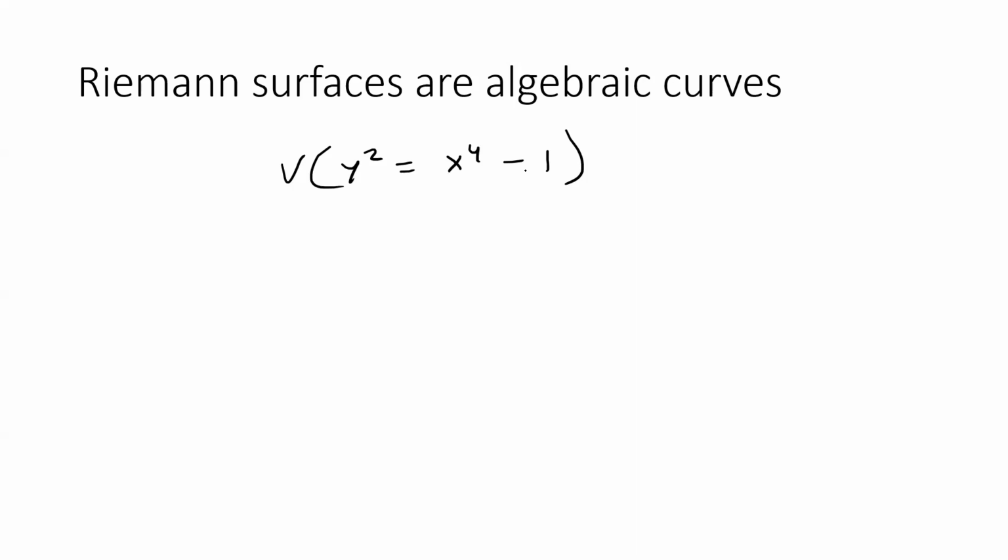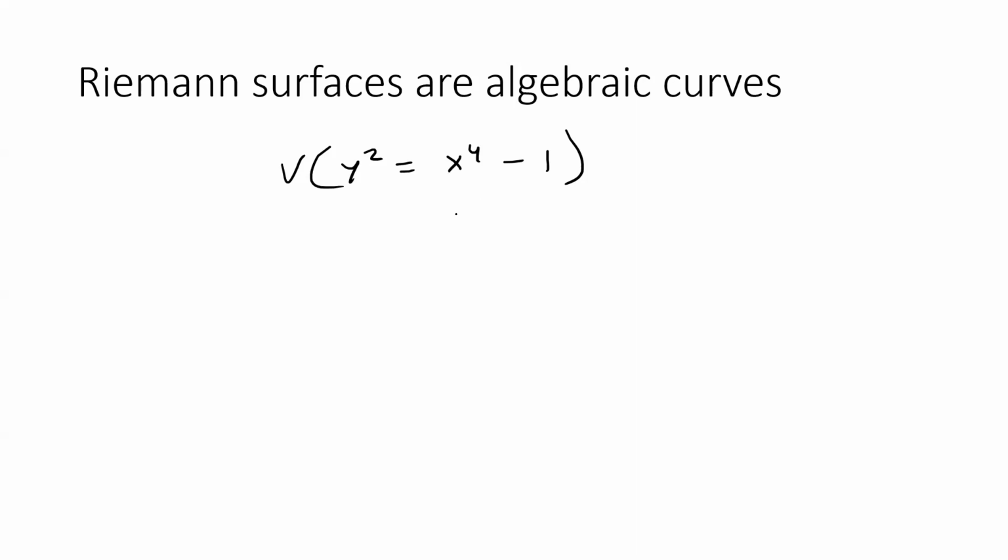So an algebraic curve is a one-dimensional variety determined by a set of polynomial equations. And if you consider the complex solutions to that set of polynomial equations, you get a Riemann surface.